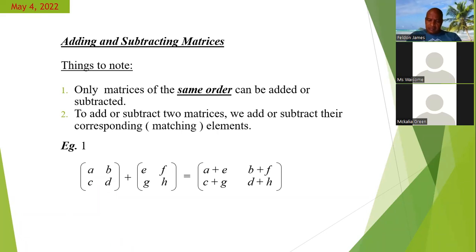Row by column. Right, so it denotes how many rows by how many columns. Now, if we are going to add 2 matrices, the first thing that we need to ensure is that the 2 matrices that we're adding have the same order. If they don't have the same order, we cannot add them or subtract them. All right, so only matrices of the same order can be added or subtracted. So that's the first thing to note.